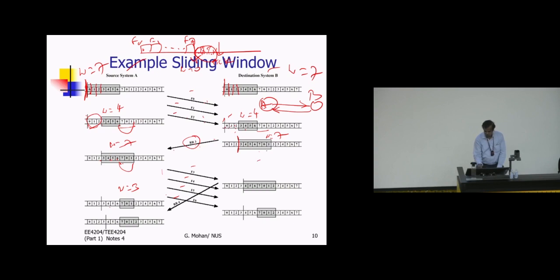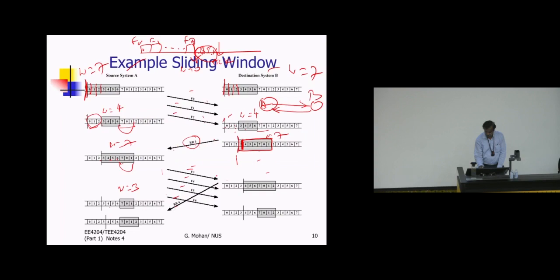Now at the receiver side, we show the state of the window after receiving F3 and after sending the acknowledgement. When F3 is received by the receiver, the window shrinks. Window will be something like this. Now, when it sends an acknowledgement, okay, this is not shown actually. So maybe at this point, this will be something like this.